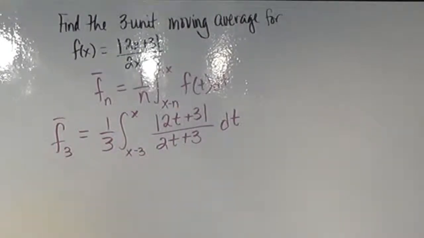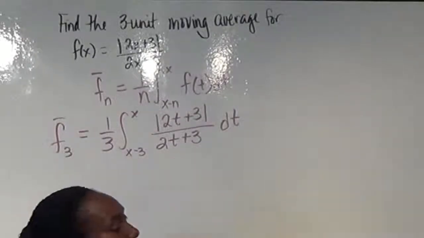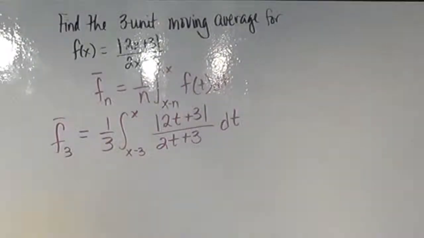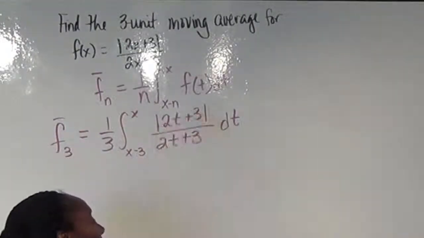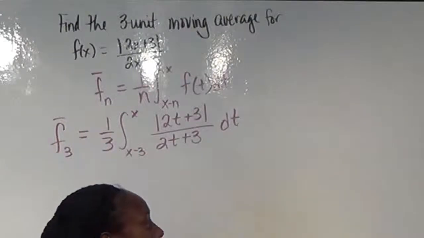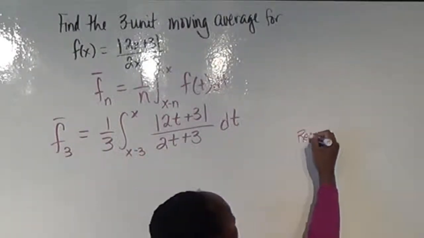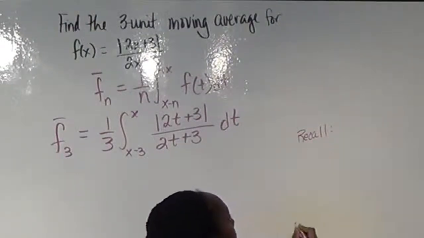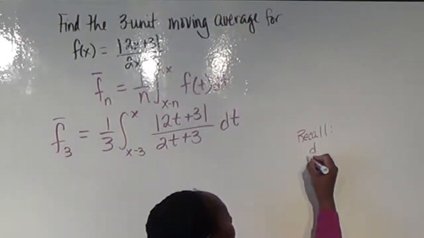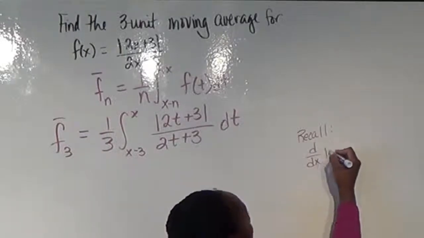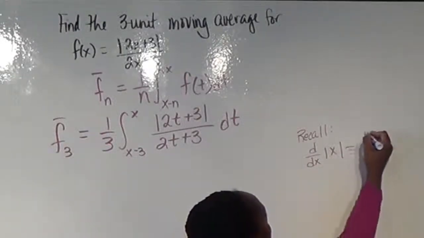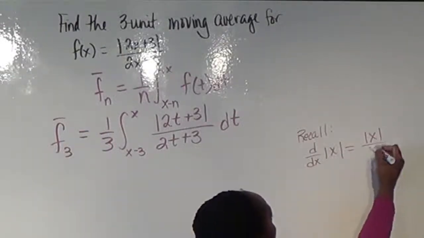Again, getting my antiderivative. Well, here, this function, like I said, is a little bit more complicated, but if I look at it, it's an absolute value over a function. And notice the function is exactly the same as what's inside the absolute value. So if you remember, I'm just going to do this off to the side. If you remember, when I took the derivative of the absolute value of x, this turned out to be absolute x over x.